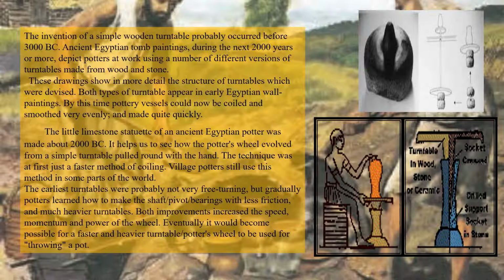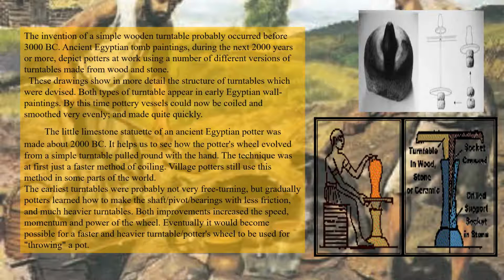This drawing shows in more detail the structure of the turntables which were devised. You can see in the picture how the man is turning the turntable. Both types of turntable appear in early Egyptian wall paintings.